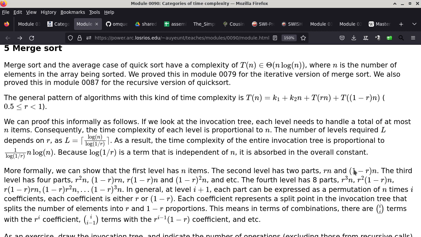So if I give 1 minus R a special name, let's call that q. What are we looking at here? R squared, 2Rq, q squared. What do you think we are looking at? Sounds like a polynomial-ish kind of thing, right?